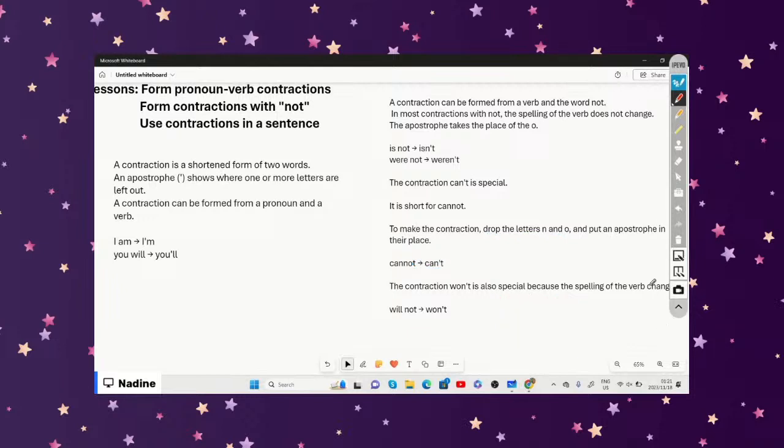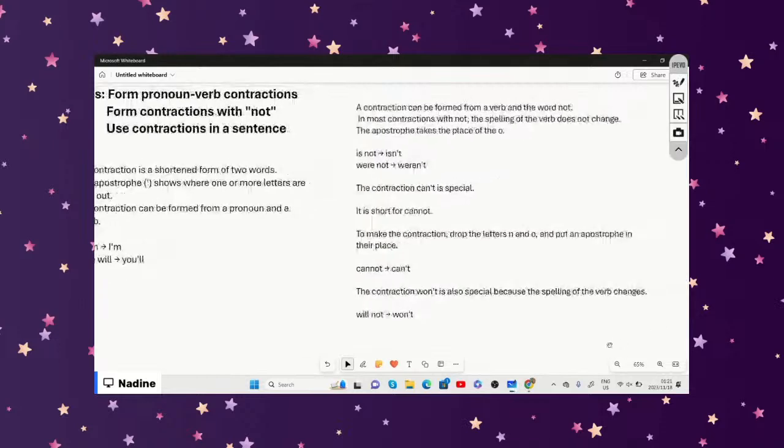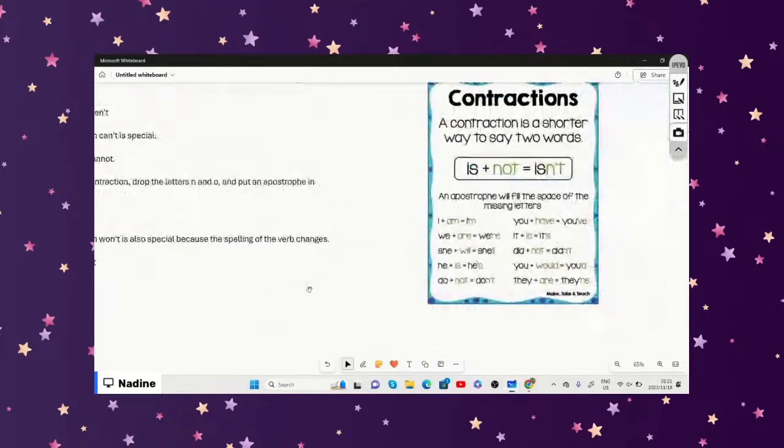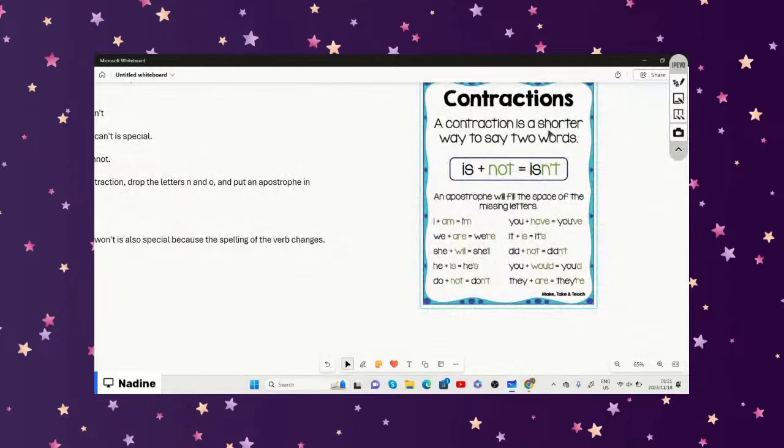And if we look at a few examples of different contractions, a shorter way to say two words: is not, there we have isn't. I am, I'm.